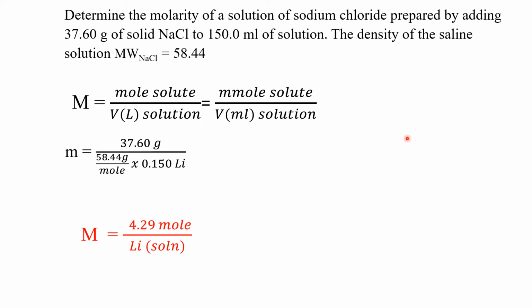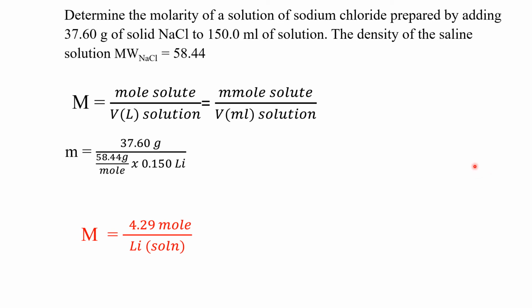The ratio of sodium chloride to total mass is 37.6 over the total weight of the solution, which is 187.6. That gives a ratio of 0.2. If I multiply this by 100, I have 20%. This means the resulting solution of 37.6 grams of sodium chloride and 150 grams of water is 20% sodium chloride.